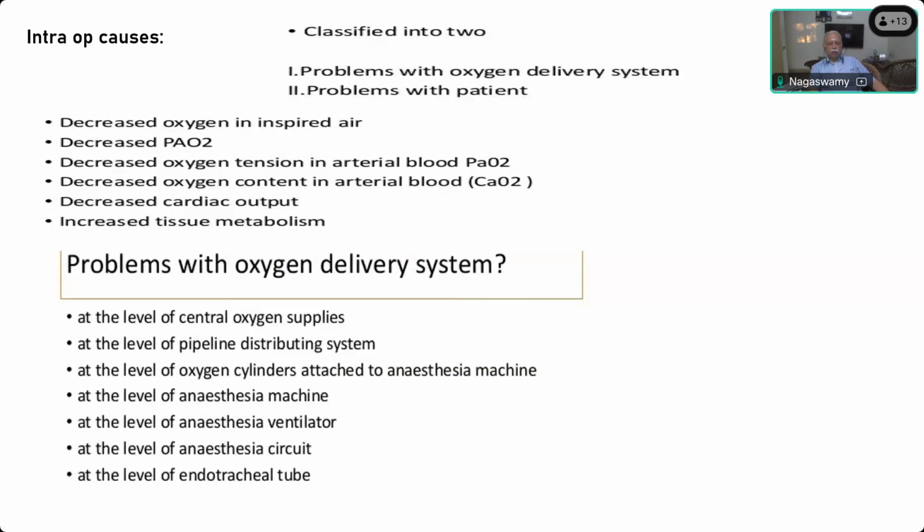You have to be very watchful about the spare cylinder that you have in your machine. You must always check whether it is either half full or more than half full before starting the case, so that if the one you are using gets exhausted during the procedure, you have a backup cylinder which can be opened in cases where there is no central pipeline supply.